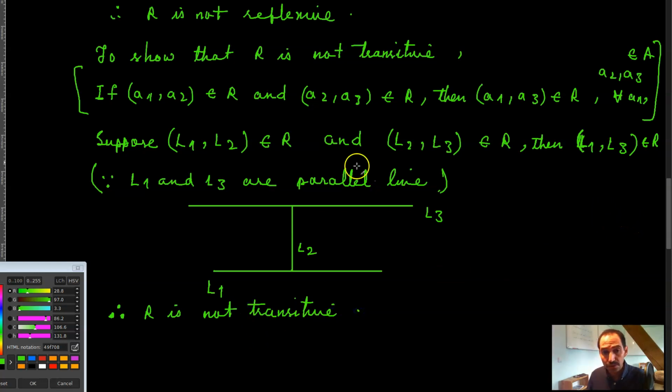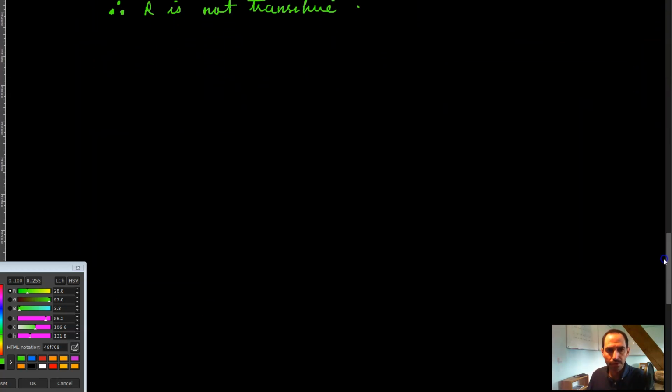So this is how you use these concepts in a particular situation in order to say whether a relation is reflexive, transitive, or symmetric. That was example number 3.